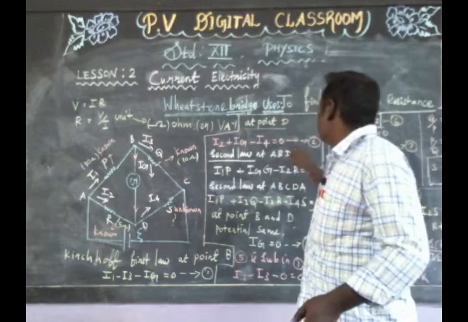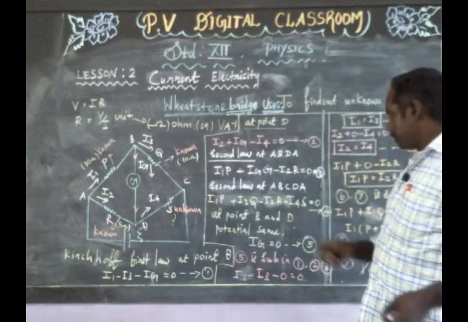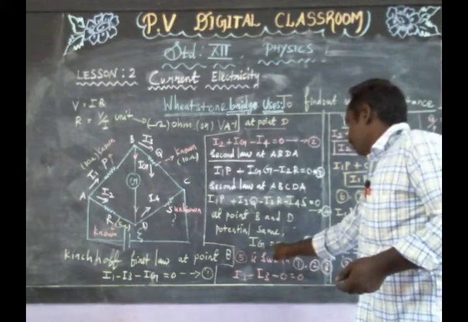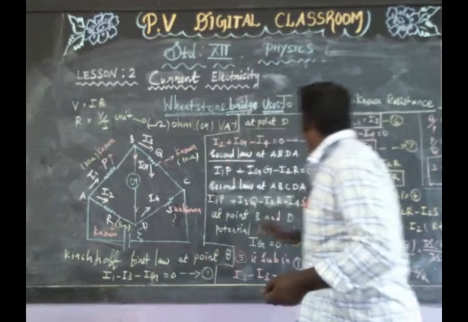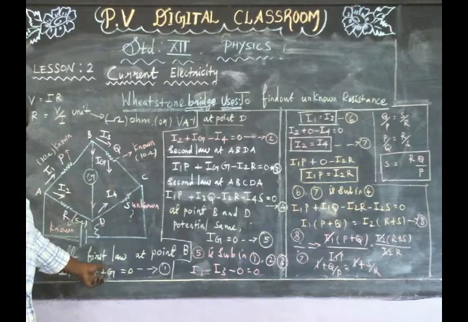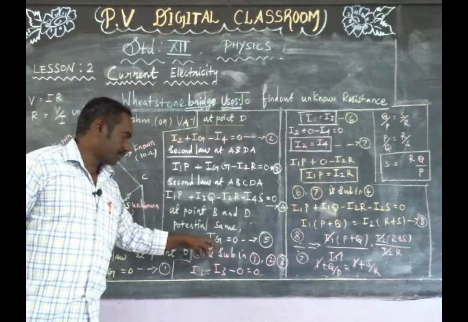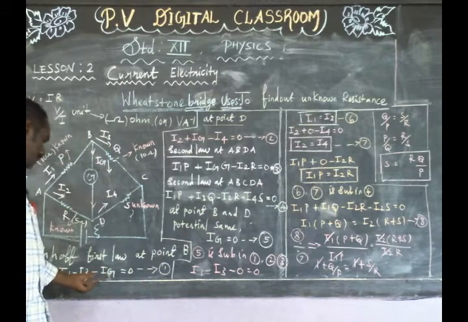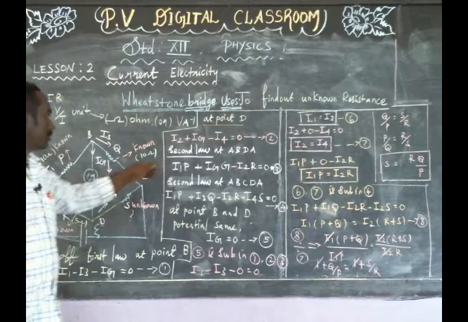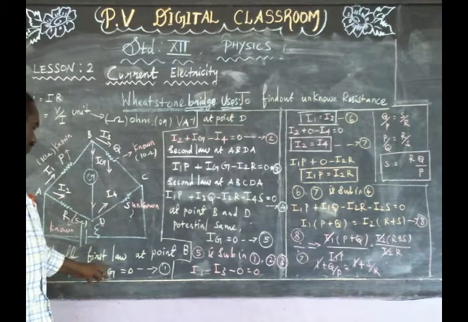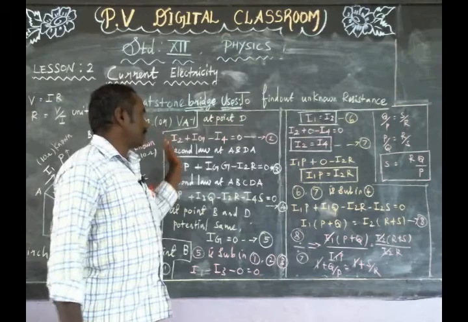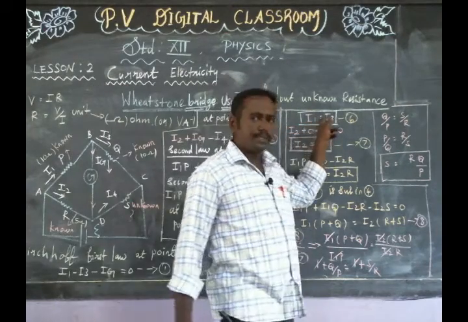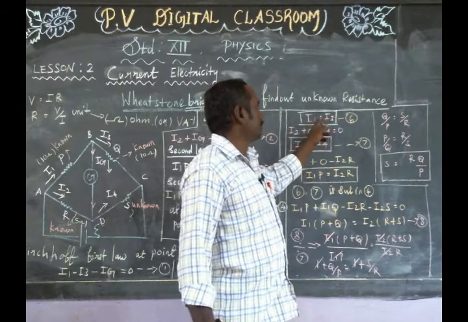Ig value is 0. Substituting equation 5 in equation 1, I1 minus I3 equals 0. The minus moves from left to right and changes into plus, so I1 is equal to I3.